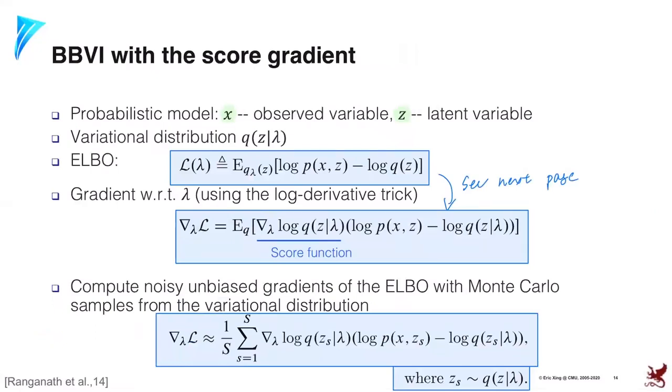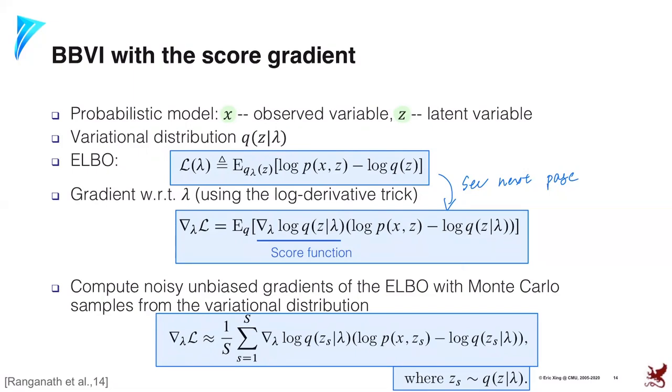For BBVI with the score gradient, we consider a probabilistic model where X is the observed variable and Z is the latent variable. The corresponding variational distribution is q(z given lambda). Then we consider its evidence lower bound, and we can have this formula. Then we derive its gradients and obtain this formula.